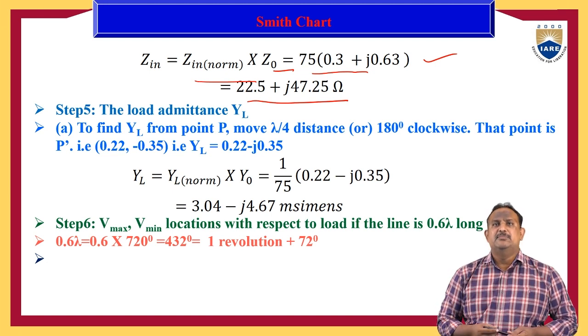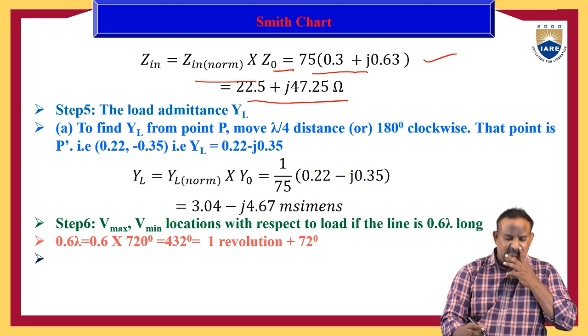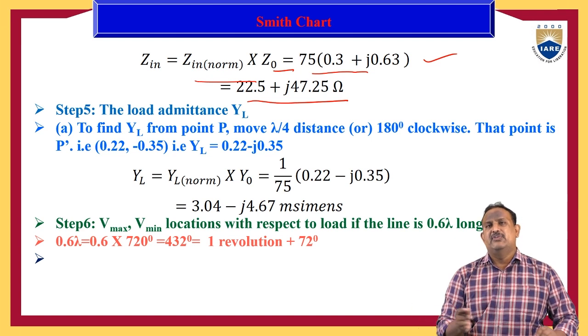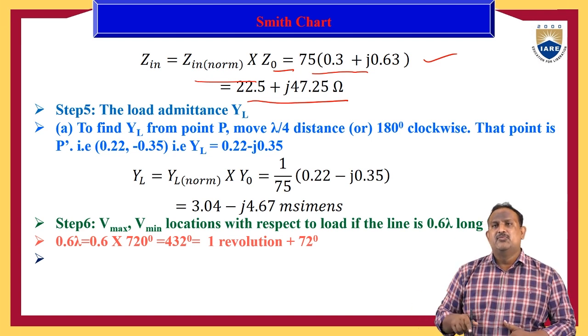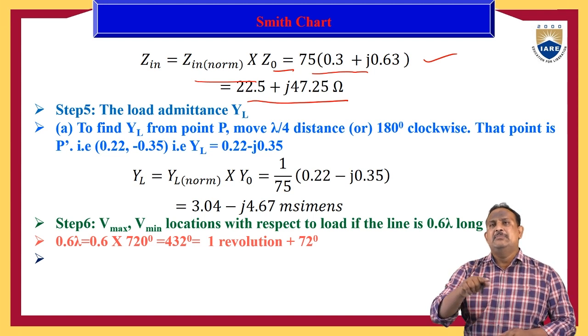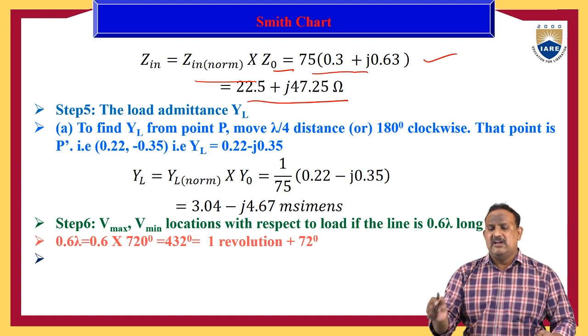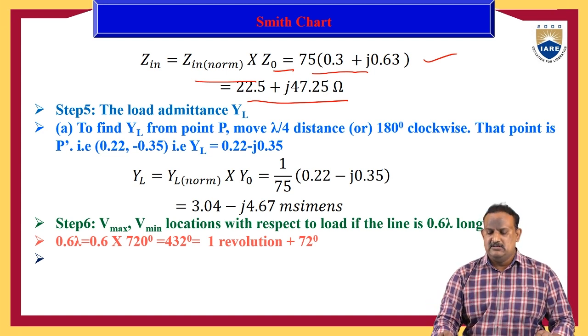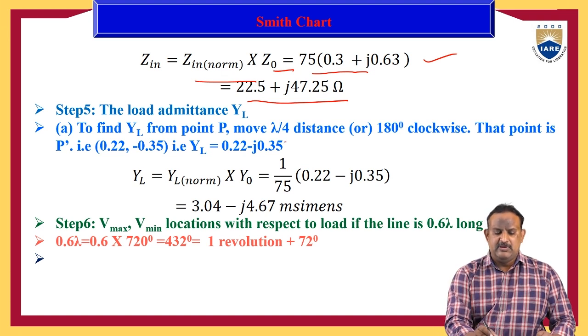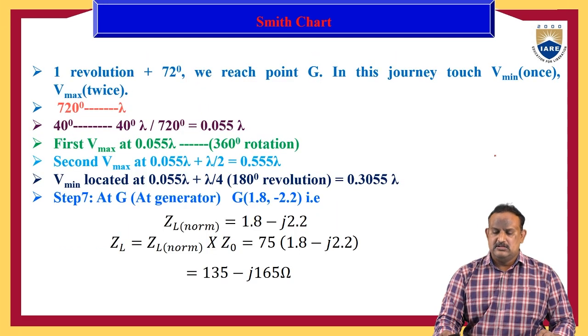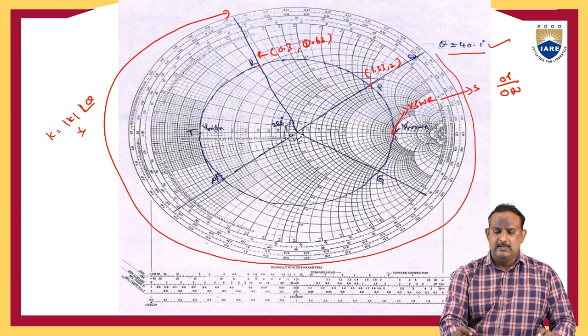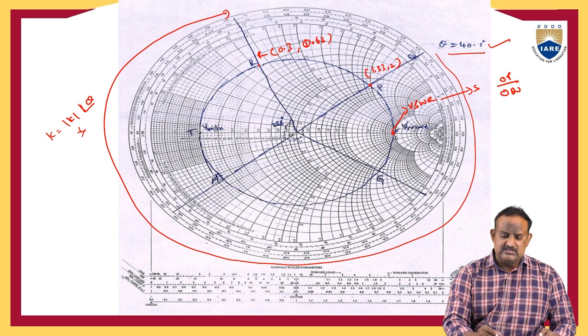Next, we need to find the load admittance value YL. To find YL, the admittance is exactly opposite to ZL. Therefore, we need to move lambda by 4 distance, or 180 degrees, clockwise from point P. If we move an angle of 180 degrees from point P, we can reach the point P dash.